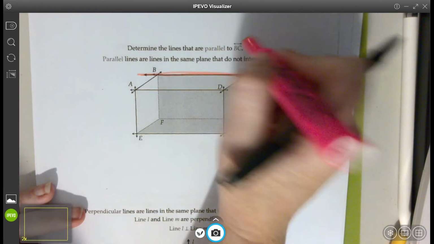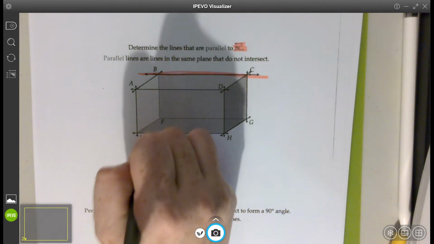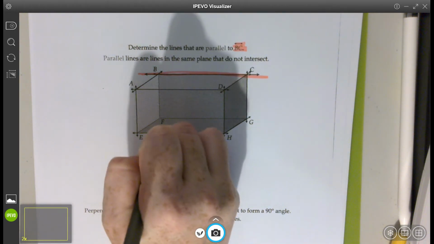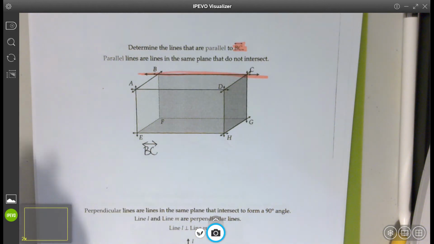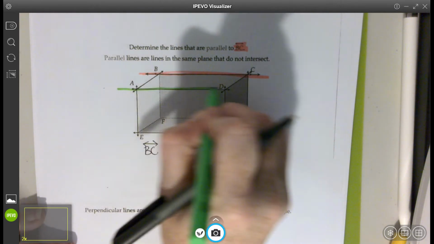So I'm highlighting BC, and I would recommend you pause your screen and try to find all three pairs that are parallel to BC. All right, so now let's identify our pairs. So BC is parallel to, so I'm looking for the lines that are going in the same direction and will not intersect, and that's AD.